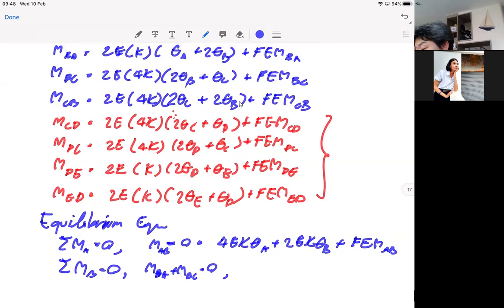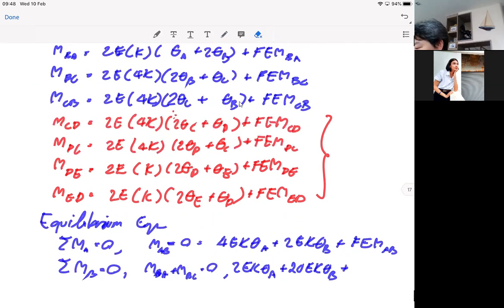And then for theta A, we have 2EK theta A. For theta B, we have 4 and 16, that's 20, right? Am I right? EK theta B. And then plus, oh, you know what? It's too much. It's 1 theta B, right? Okay.